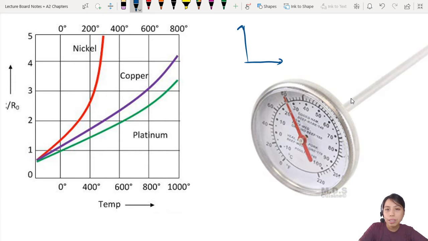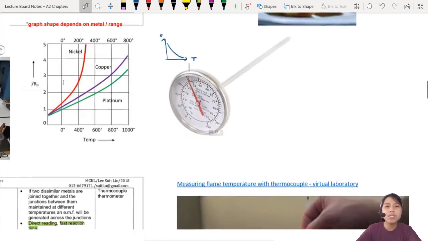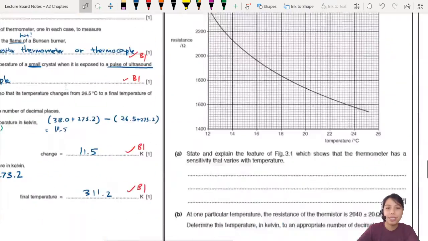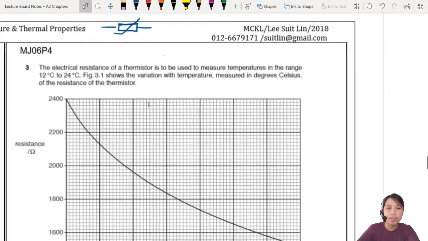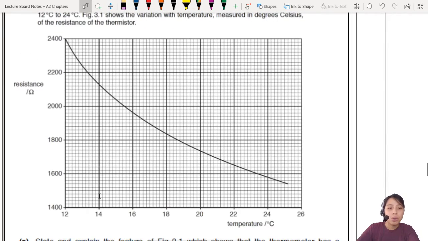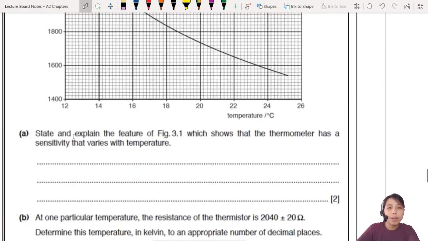Our dear thermistor, as you may remember from AS, is going to look something like this. See how that's different from all the other metals, nickel, copper, platinum? Thermistor is going to be going down, so more resistance means you're very cold. It's like thermistor, LDR, and things like that. Anyway, here's the graph that's given to us.